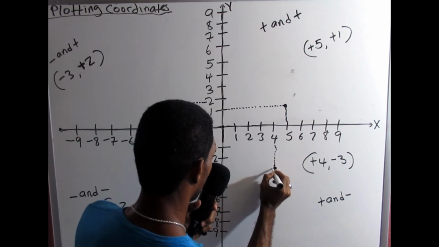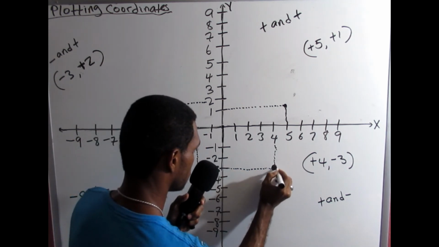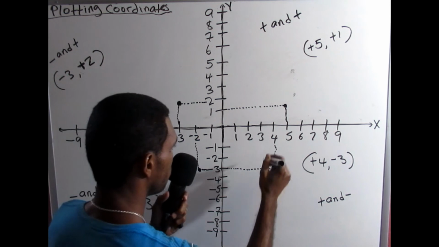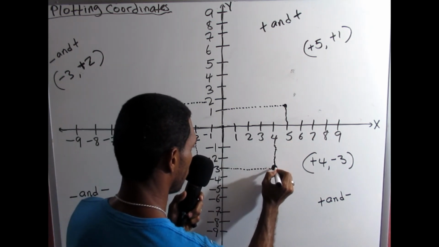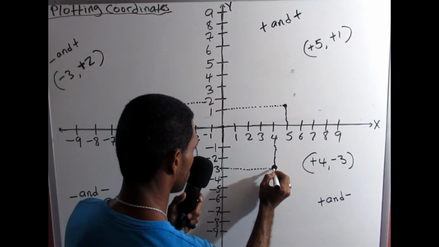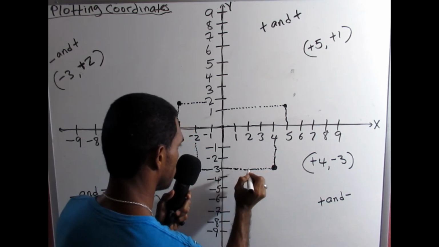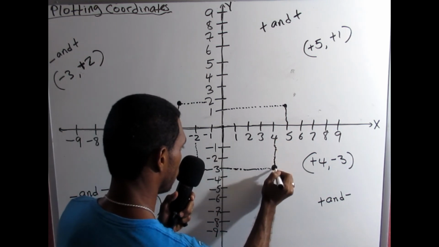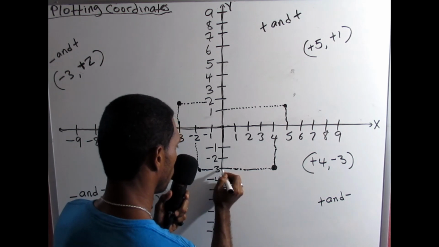It's around here. And we plot that. Make sure we plot it properly. So remember, we locate our positive 4, and we come on the y-axis and locate the negative 3. So it's well plotted, positive 4, negative 3. Positive on your x-axis, negative on your y-axis.